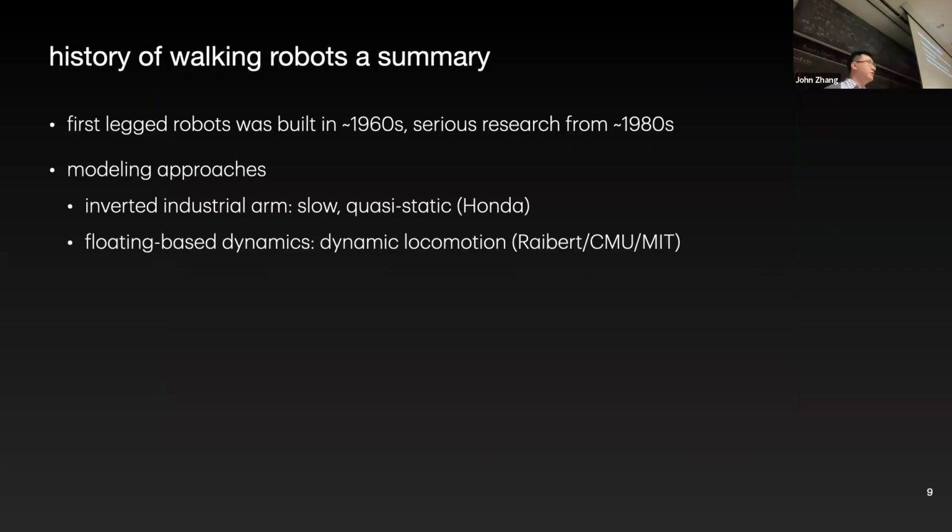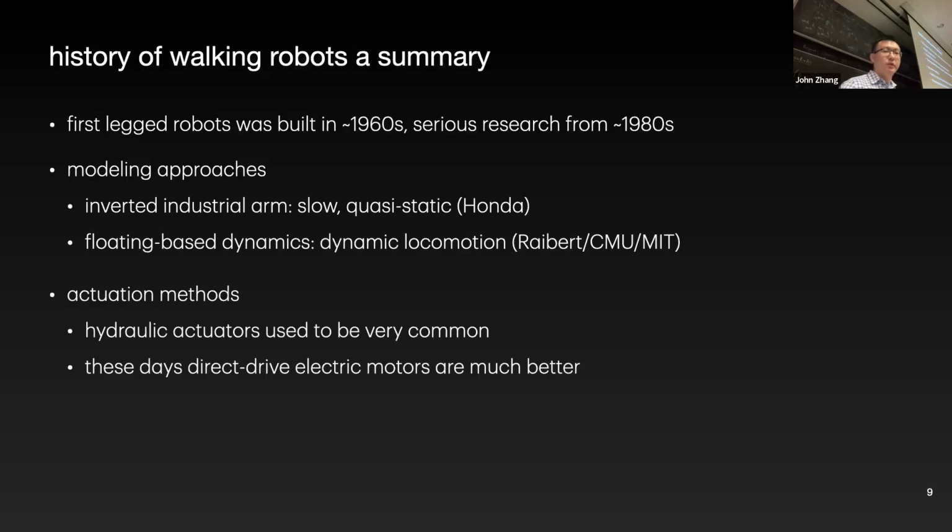In terms of modeling approaches, the Honda group was essentially inverting an arm to model the robot, while the MIT and CMU people were modeling the robot with floating body dynamics. By the way, if you're doing RL, you're still modeling the robot with floating body dynamics, because simulators typically simulate the floating body.